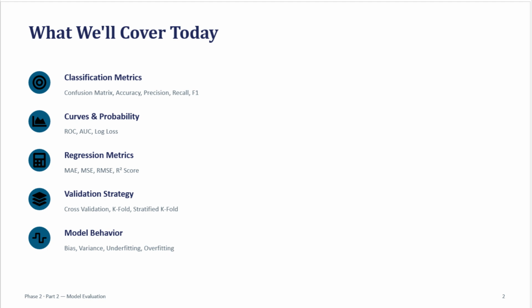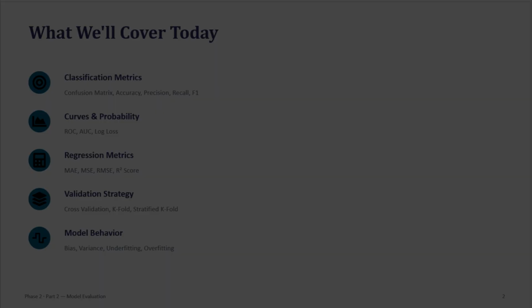Then we'll learn how professionals test models using cross-validation, K-fold, and stratified K-fold. Finally, we'll finish with some of the most important concepts in machine learning: bias, variance, underfitting, and overfitting. These concepts appear in almost every machine learning interview, so pay close attention.